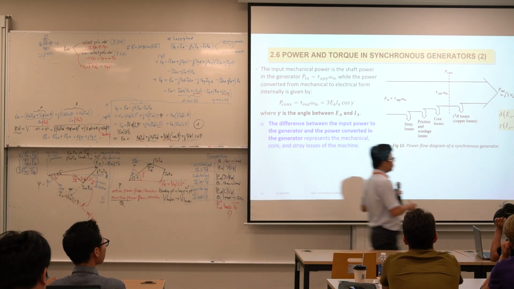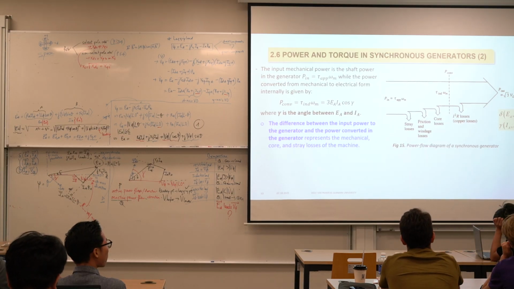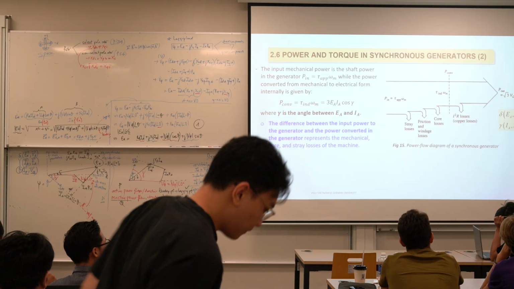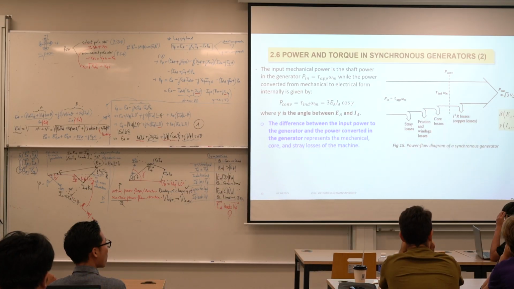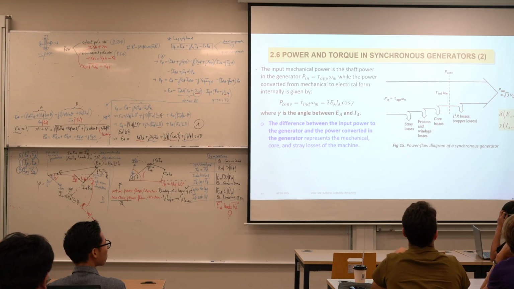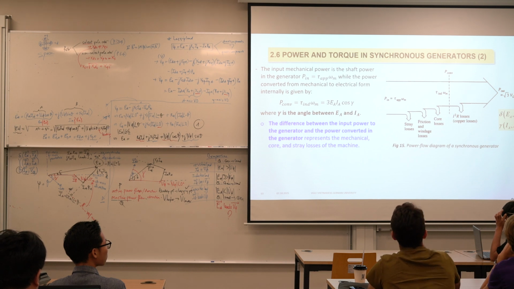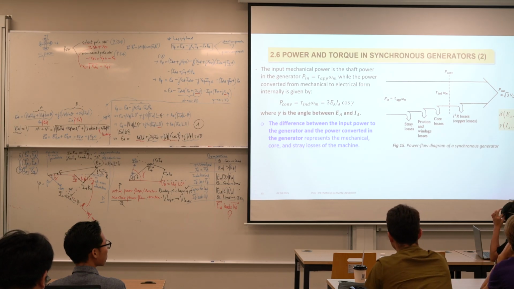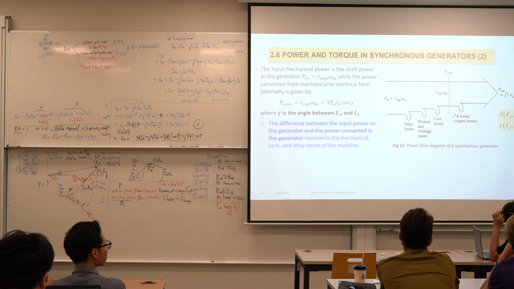Now if I don't want to calculate this converted power by these formulas, I can use another one. Because here is the operation of the air gap, we don't care about the stator winding. So P convert is also equal to 3 EA IA cosine gamma.